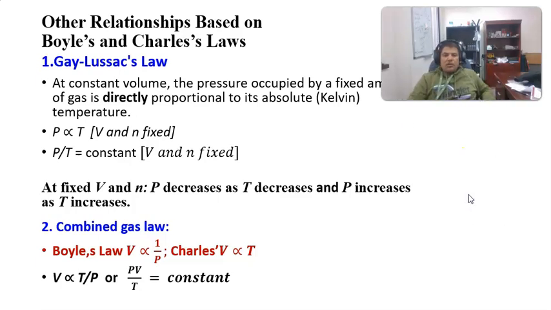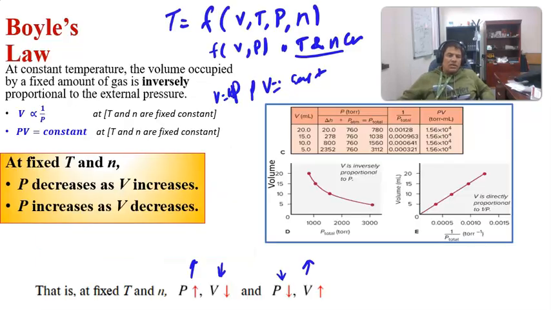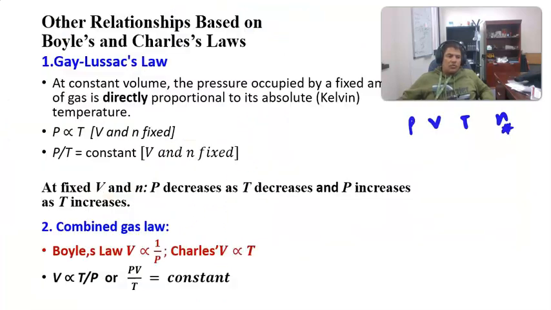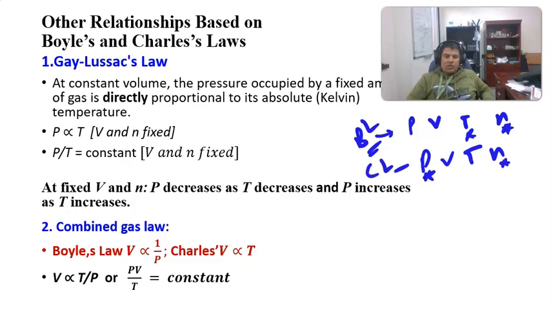So pressure, volume, temperature, number of moles. When the number of moles and the temperature are constant, that is Boyle's law, BL. And again P, V, T, N: pressure constant, number of moles constant, that is Charles' law.